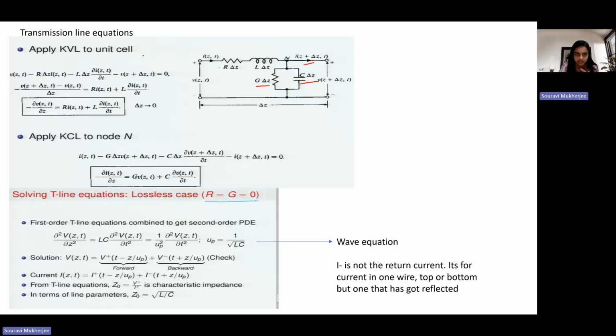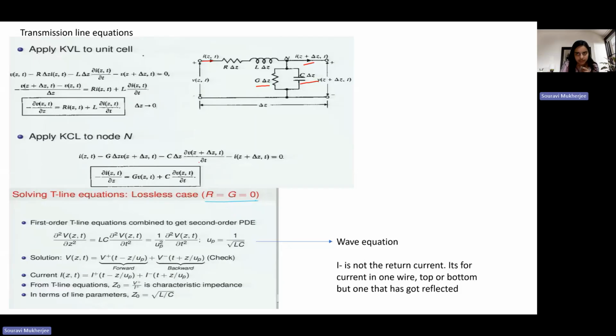So you start with I of Z, t, then there is some current going out at G delta Z into V, and then another amount of current going through this path, given as C delta Z into del V del T, and the rest goes out through this path, that is minus I of Z plus delta Z, t.